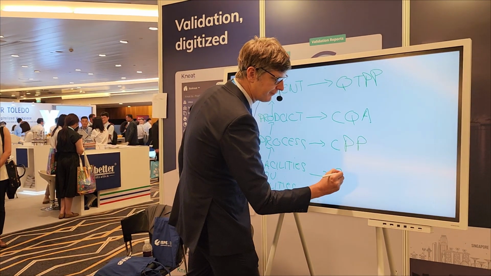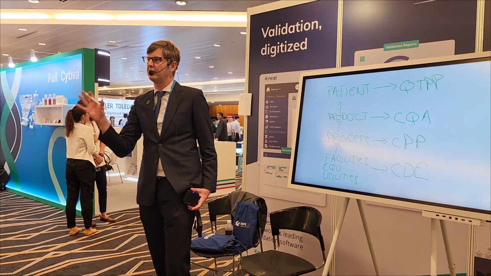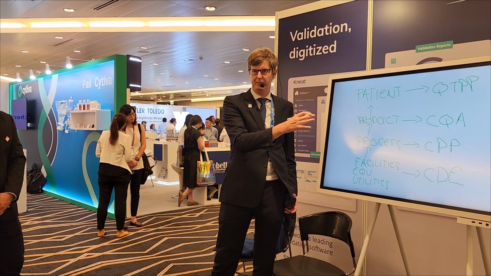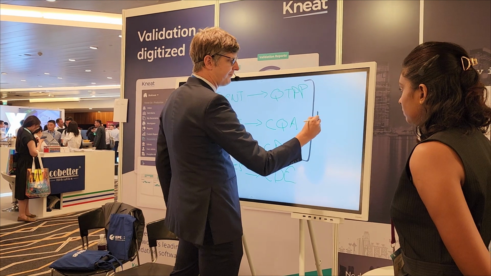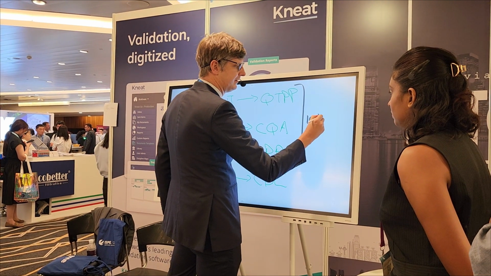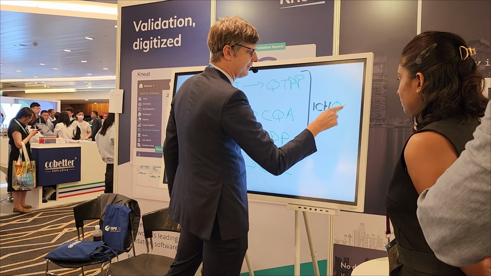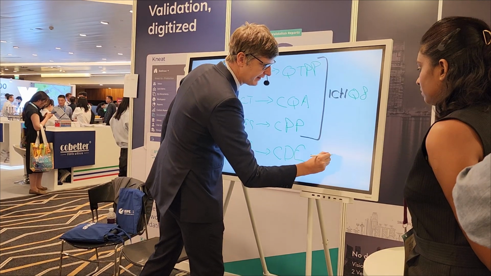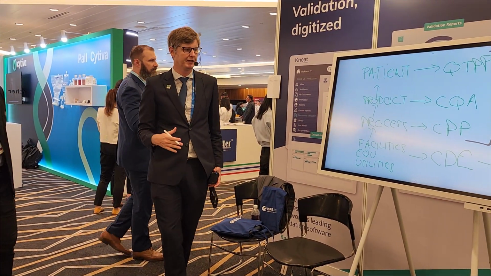In my autoclave or in my equipment, I will have design elements, and the critical design elements are the ones that allow me to control the CPP. Okay? So those three definitions, you can find them in the ICH Q8, and the CDE, you will find it in the ISPE new baseline guide on CNQ, right?